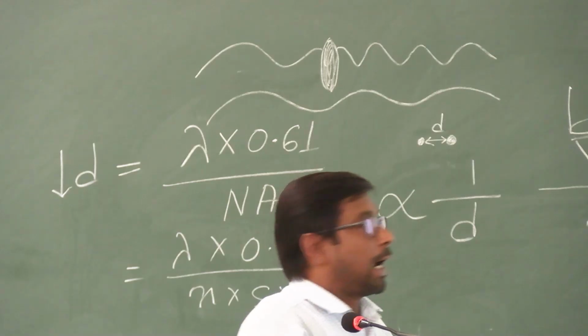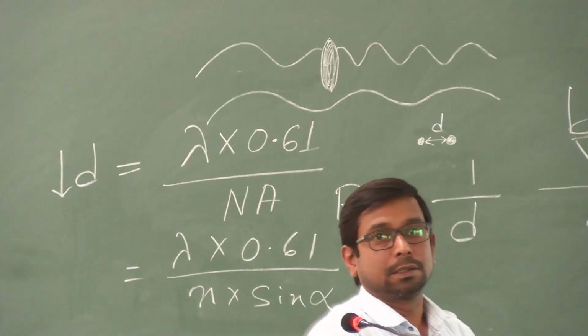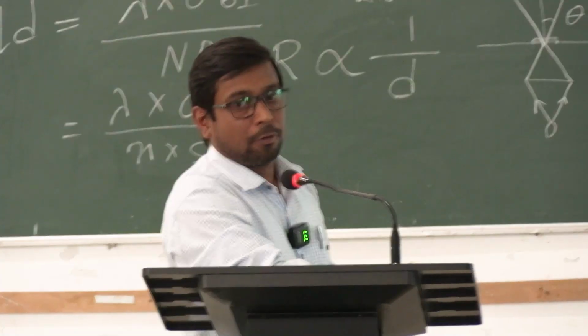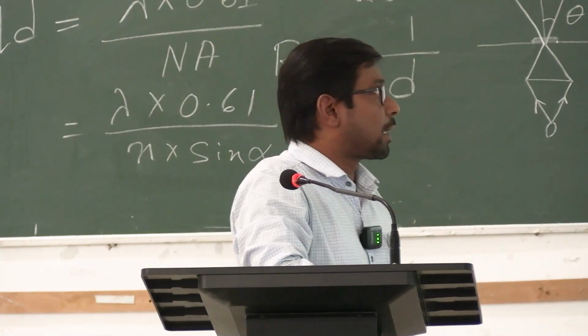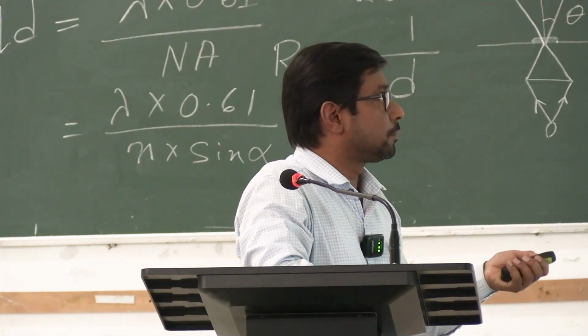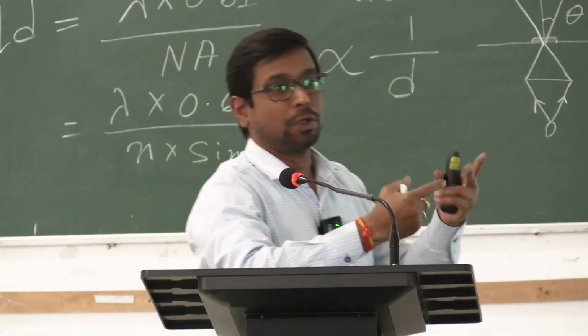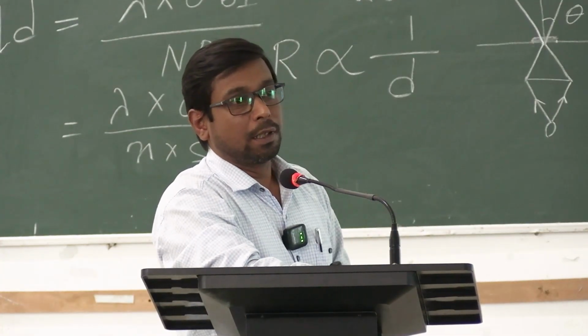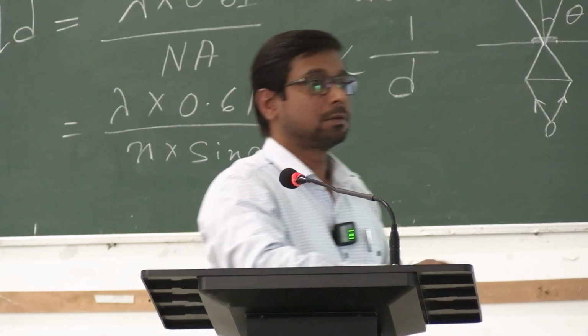Whatever diffracted light we find through the objective lens, the background will be dark like this. The organism will be bright and the surrounding field will be dark.